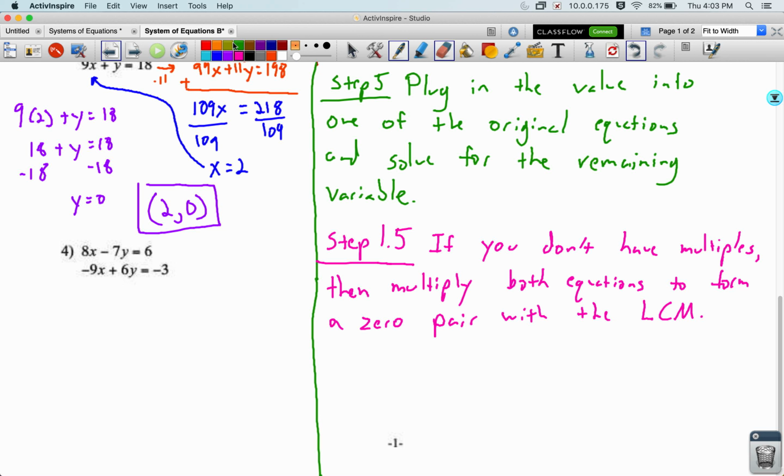Hopefully you remember what that means. Least common multiple, we use that with fractions a whole bunch. Okay, so that means I'm going to probably want to focus on my smaller coefficients, the 6 and the 7.